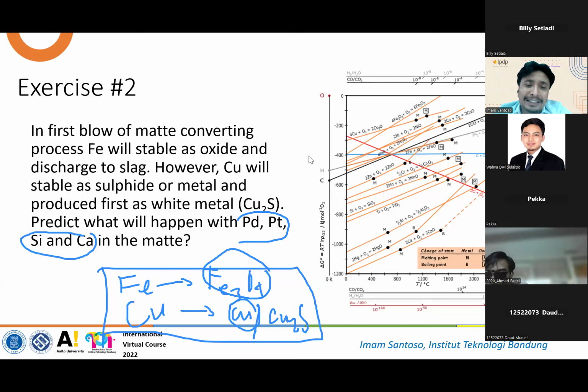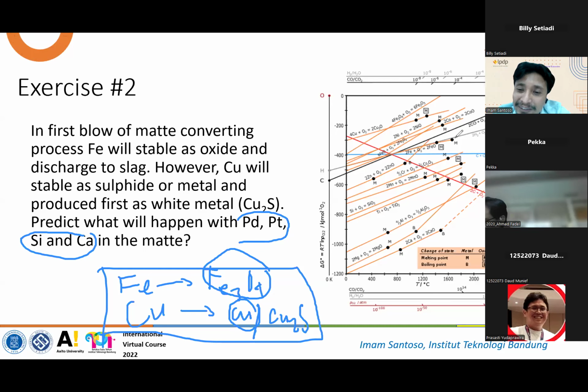Okay, guys, let's see. Where is iron? The Ellingham diagram of iron. This one, for example. Iron becomes oxide. What happens with calcium and silicon, Daud?